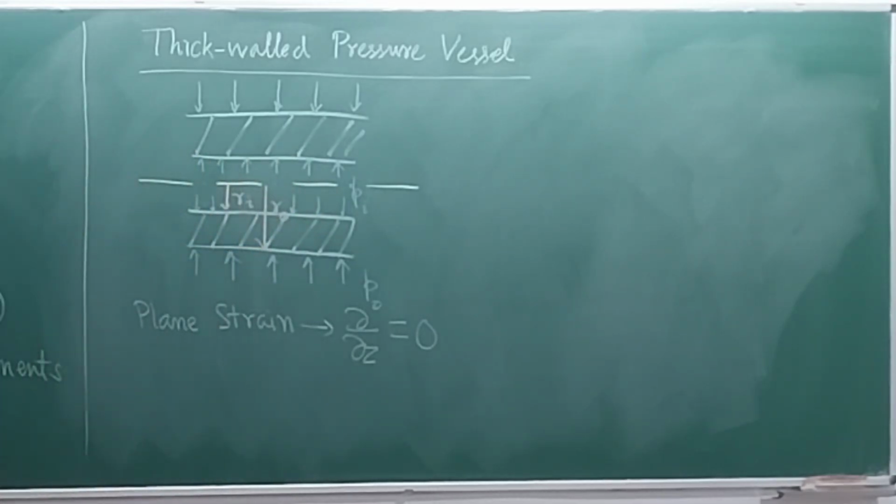Let us now talk about the displacement components. Now, because it is an axisymmetric situation, a thick walled pressure vessel, the natural choice for us is to use the r theta z coordinate system.